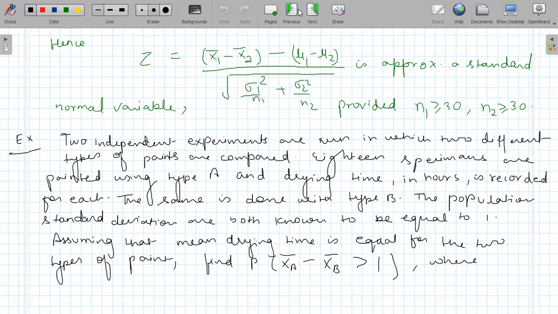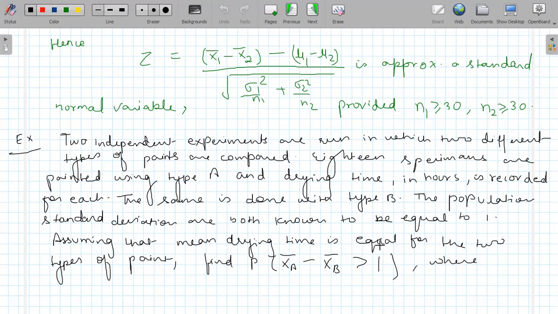Let's understand the question again. Two independent experiments are run in which two different types of paints are compared. Two paints have been compared, and for that two experiments were done. In the first experiment, 18 specimens were painted with type A paint, and their drying time in hours was recorded for the 18 specimens. The same is done with type B. Population standard deviations are both known to be equal to 1.